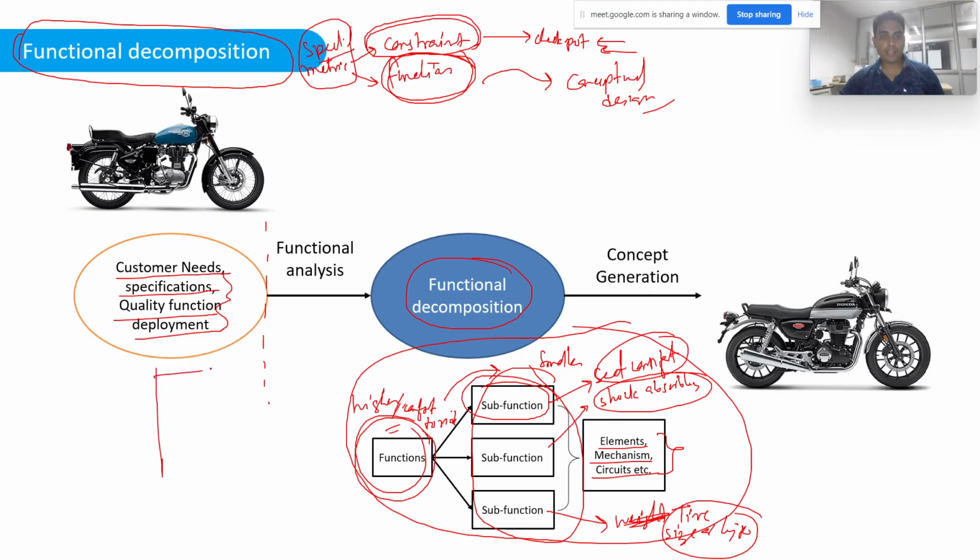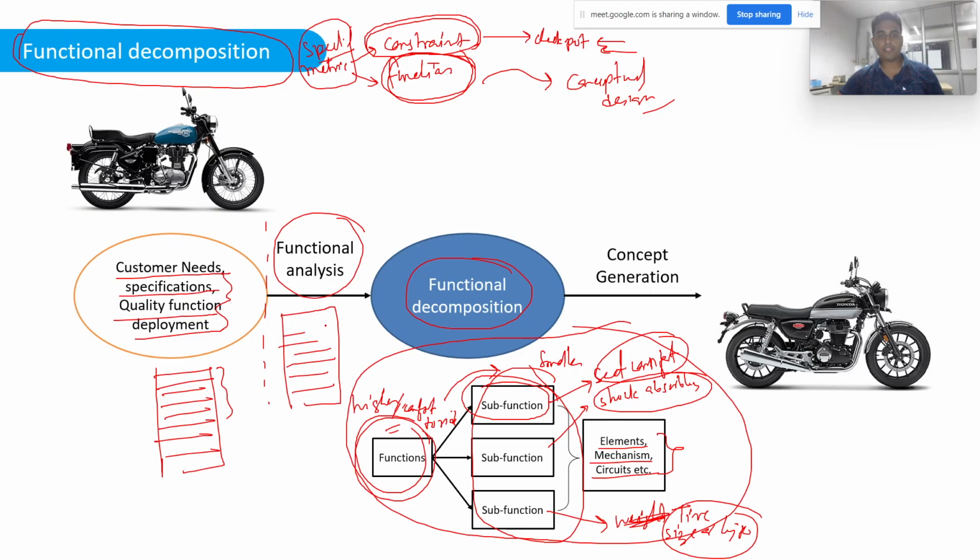Now we have a set of specifications. Within that set, we do functional analysis. That means we check how many of those specifications are actually functions, because the rest are constraints.